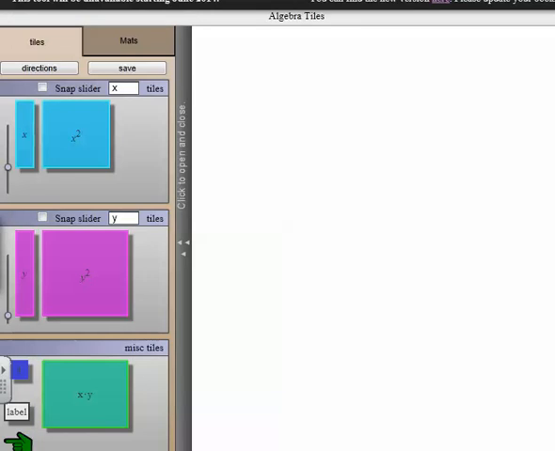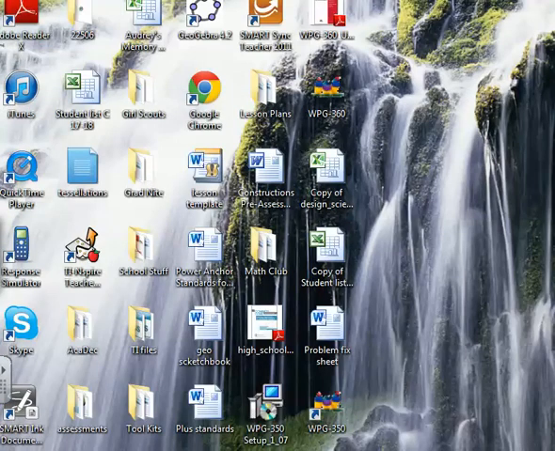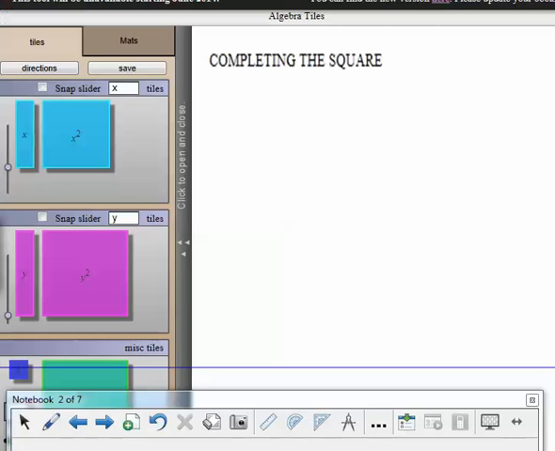Okay, next, completing the square. If we have an expression like x squared plus 8x, we can represent this with algebra tiles.